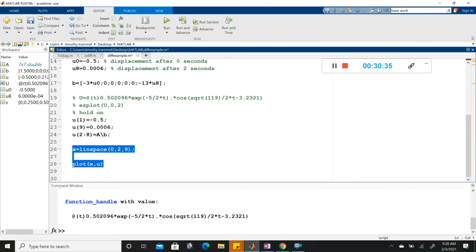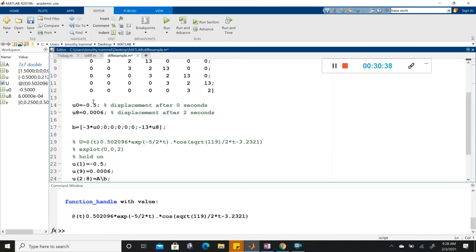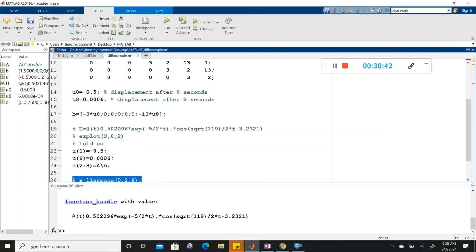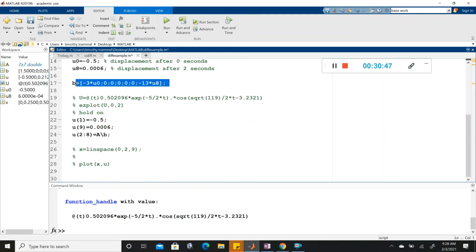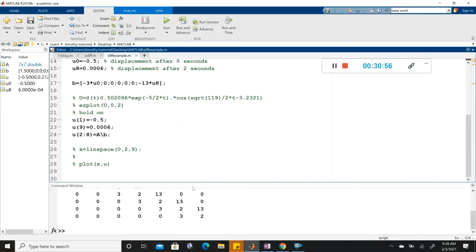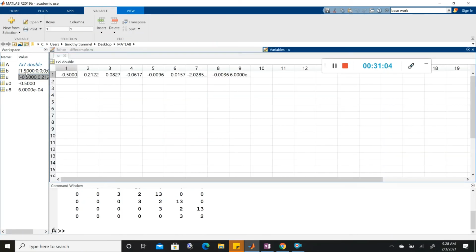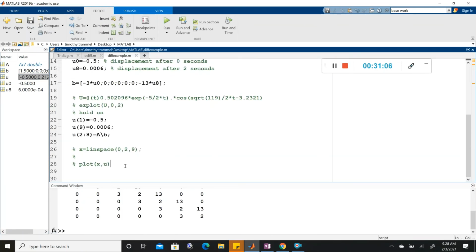I'm going to comment this out as well. And let's see, so far we still have our matrix A up here. We have the initial U, the final U, the vector B, and then we were filling our matrix U. This is just our solution if we were to hit run. If we were to hit run, we could see our solution in this vector U. Let's see how that compares if we use our new function.